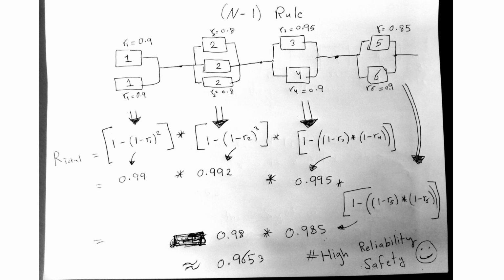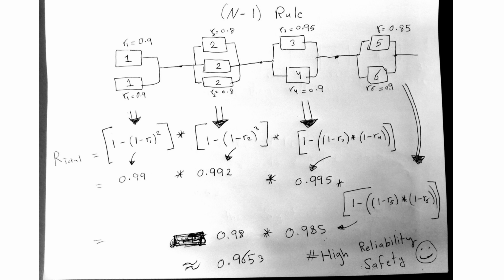So let's calculate the reliability of each stage. Because they are in parallel, first we need to calculate the probability of failure of the system, and then from that we can calculate the reliability of the stage itself.